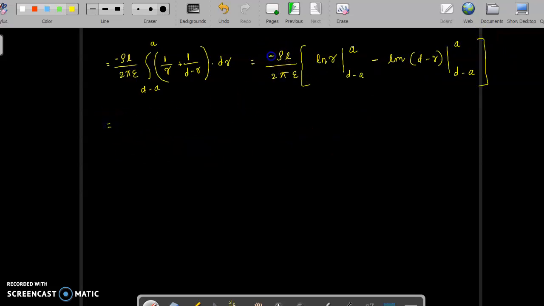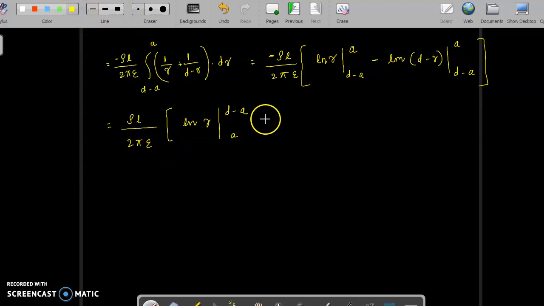Now take this minus sign inside. So this becomes rho over 2 pi epsilon, minus of natural log of r from d minus a to a, and minus of natural log of d minus r from a to d minus a. We can change this minus sign by reversing the upper and lower limits.